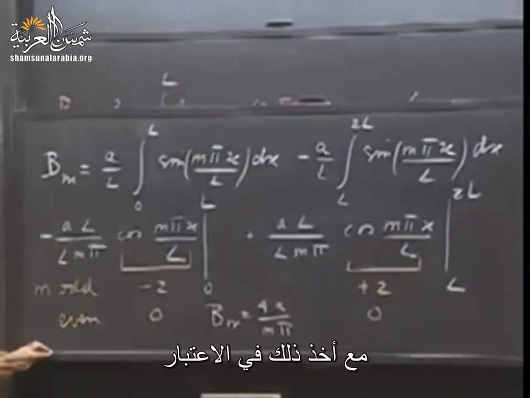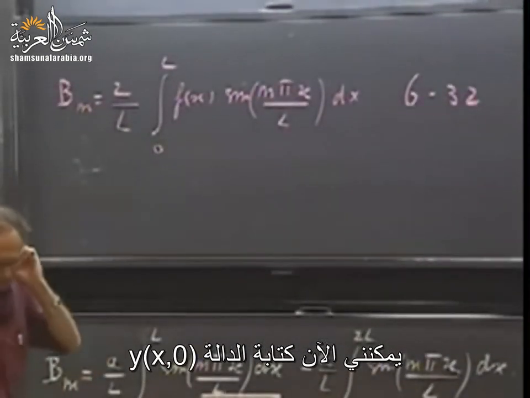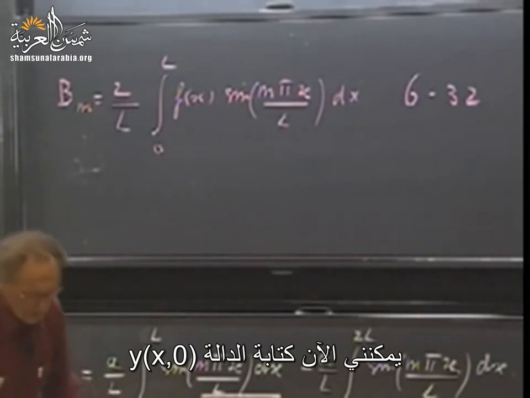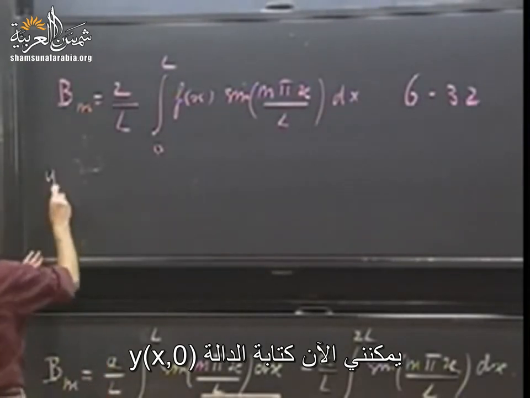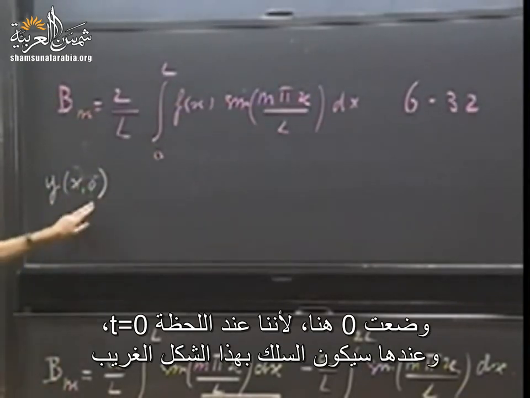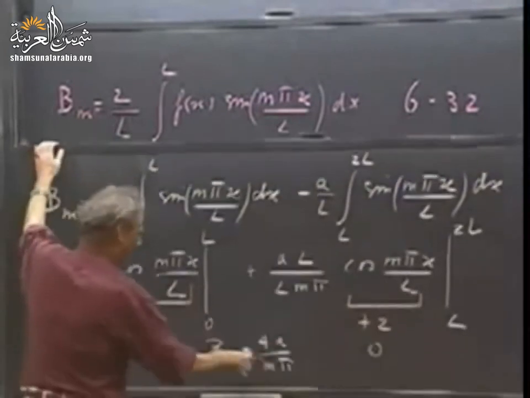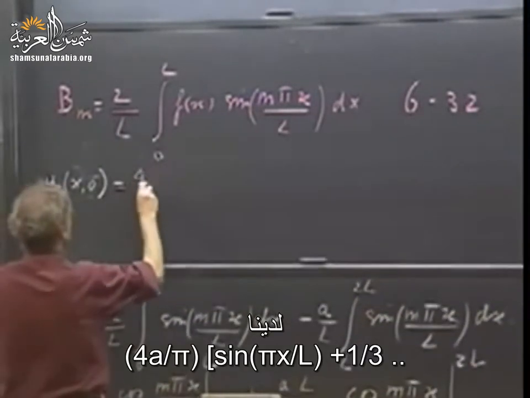And so with that in mind, I can write down now here our function, which was one of our big steps, that y, I put here 0 because this is at time equals 0 when I have this string in this crazy shape, can now be written as 4a divided by m pi.